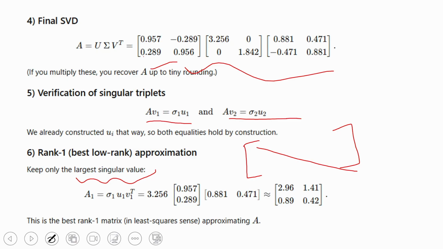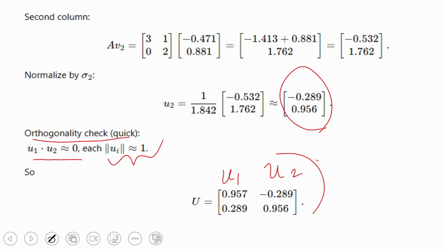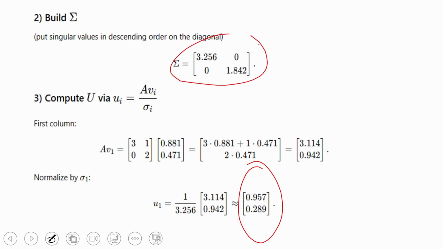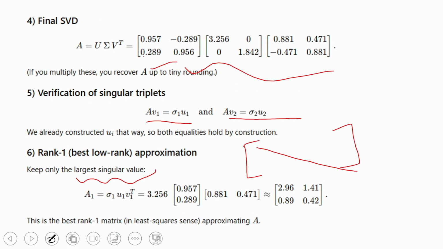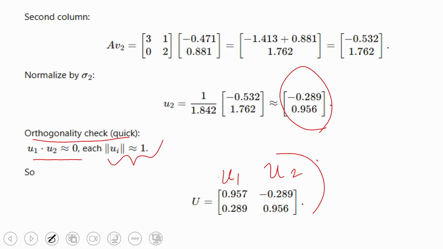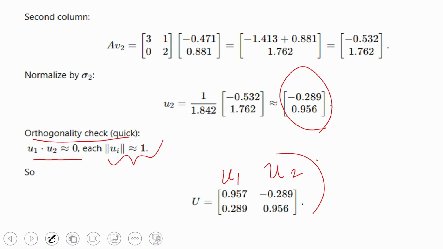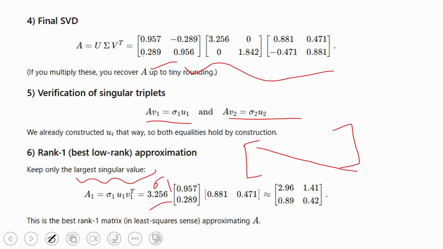So A1 equals sigma 1, which is 3.256, and U1, that is the first vector alone. U1 is 0.971, 0.289, into V1 transpose.